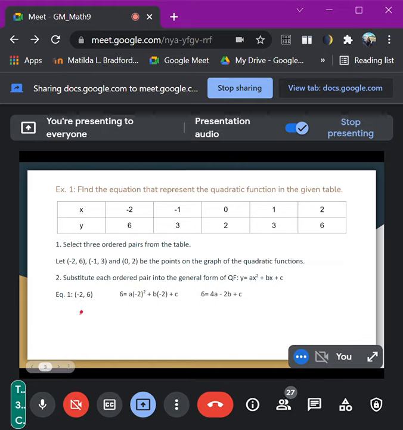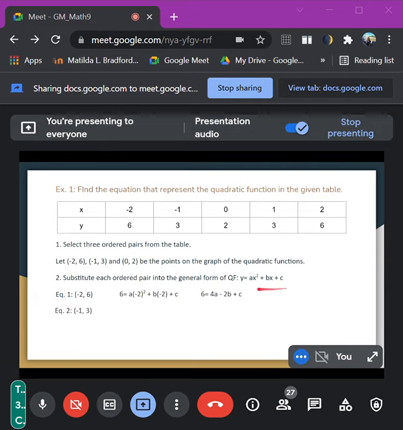Okay. So since we are done getting the equation from negative 2 and 6, now we proceed to our next ordered pair, negative 1, 3. This is the second ordered pair. So we substitute again into the general form.